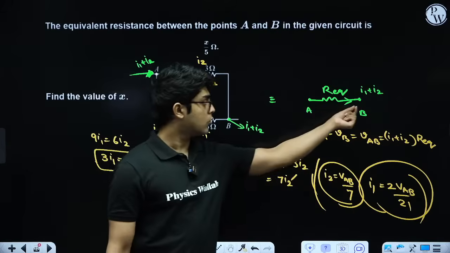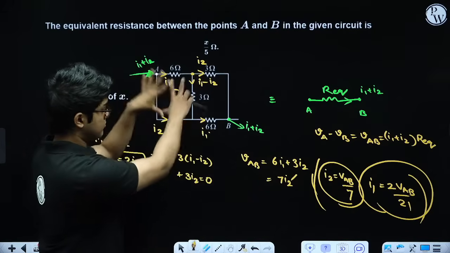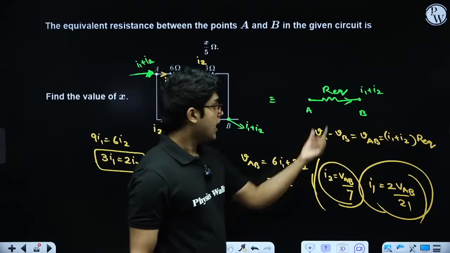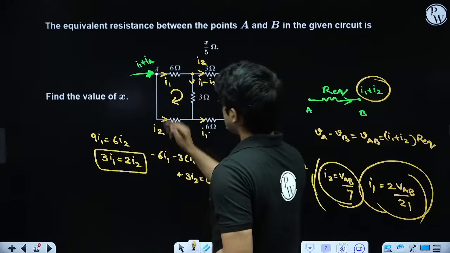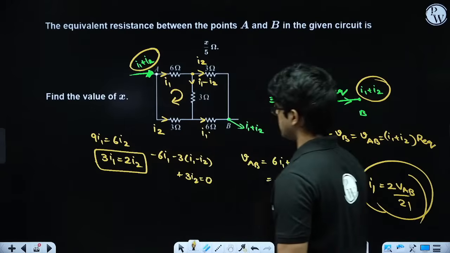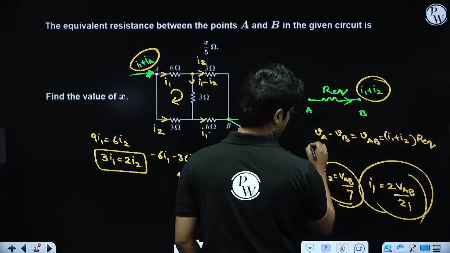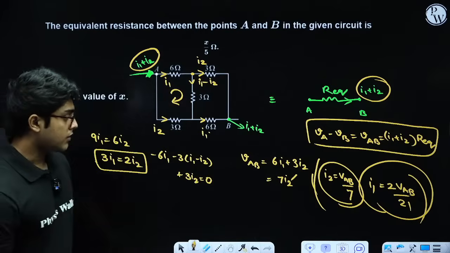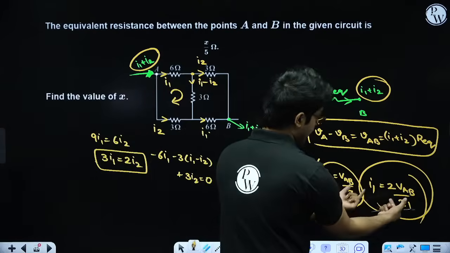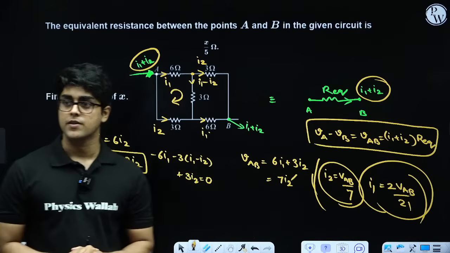So across the nodes A and B, we plug in an R equivalent instead of this whole circuit, and through this R equivalent the total current is I1 plus I2, right? Because the I1 plus I2 current is entering here as well. After that, here we apply simple Ohm's law, VAB equals I into R, and then we take this I1 and I2 and put it here. So that is the logic that we did.